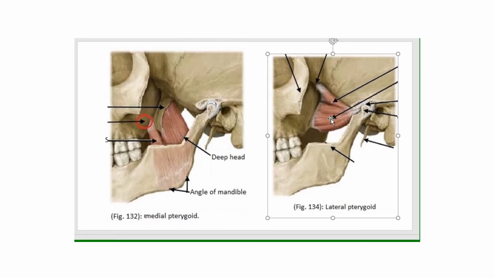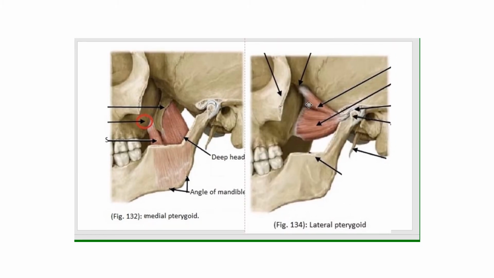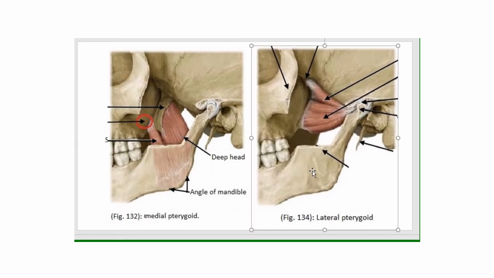This is the lateral pterygoid muscle. The lateral pterygoid muscle, as we said before, takes origin by two heads, upper head and lower head. The lower head takes origin from the lateral surface.